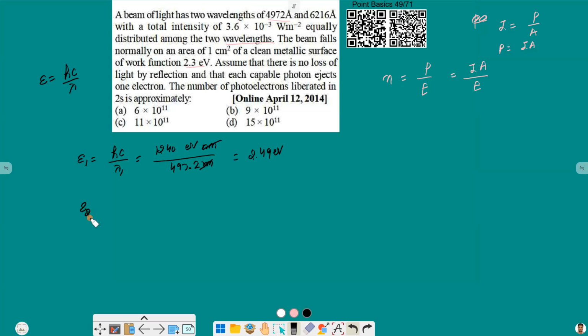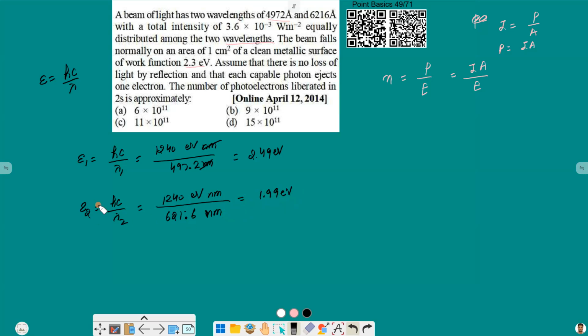Similarly, for the second, E2 will be hc by lambda 2, that is 1240 electron volt nanometer divided by 621.6 nanometer. And if we solve this, we will get 1.99 electron volt.